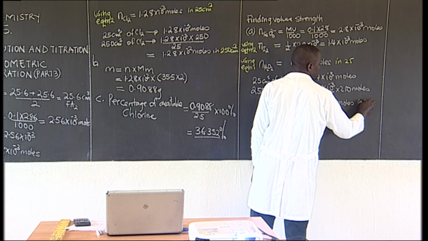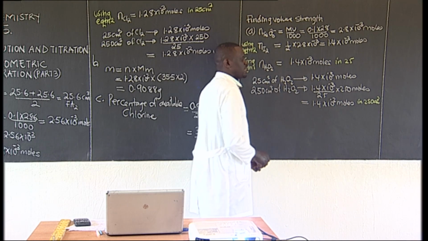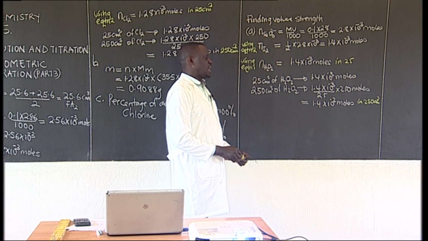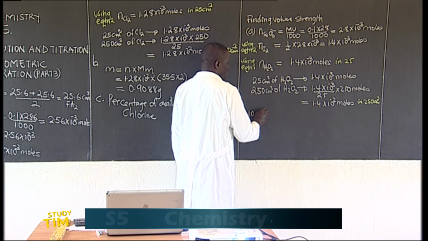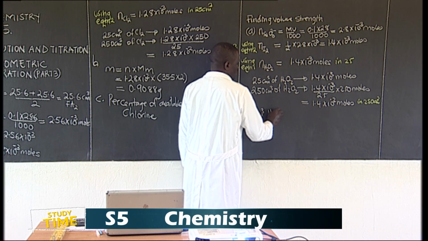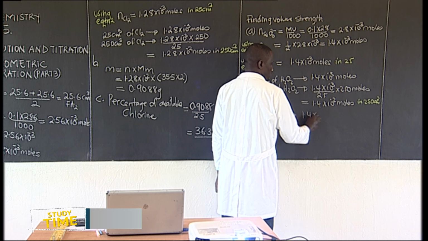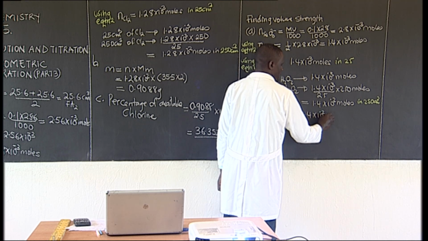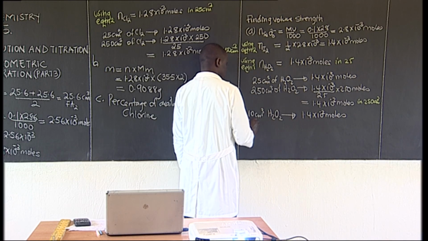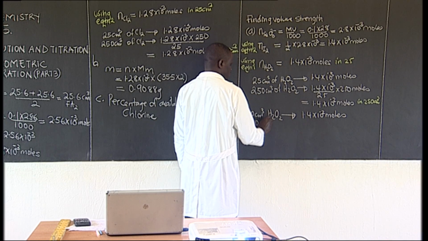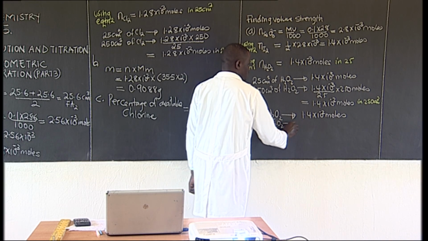But remember, in this 250 we actually used 10 centimeters cubed. It means that this 10 centimeters cubed of hydrogen peroxide will also contain the same amount of moles. Then what about 1,000? We are going to change them to 1,000, because this molarity helps us to get the volume strength.